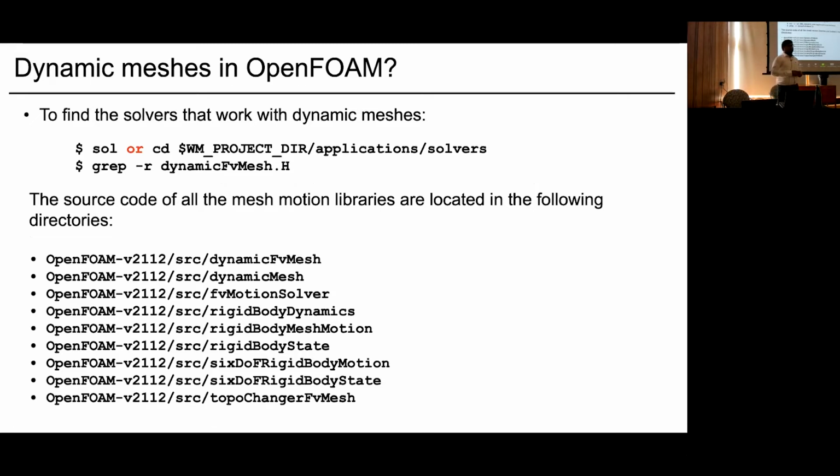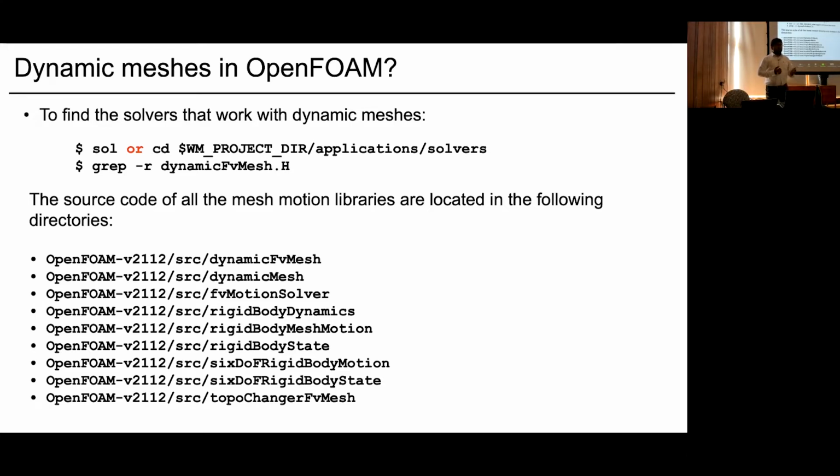Now, it might be a curiosity for someone who is starting on dynamic mesh: what are the different libraries that can support this kind of dynamic mesh motion strategies in OpenFOAM, and what are the different solvers that support this in the current versions of OpenFOAM?